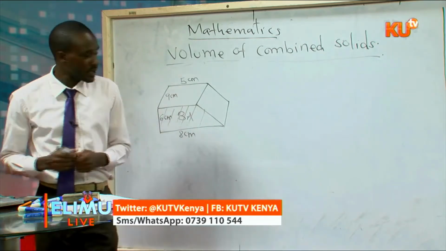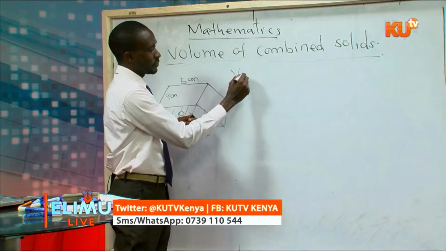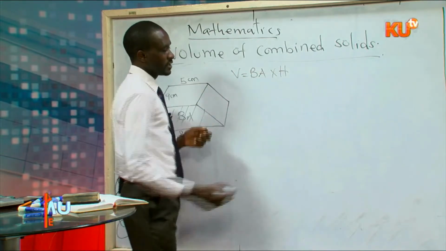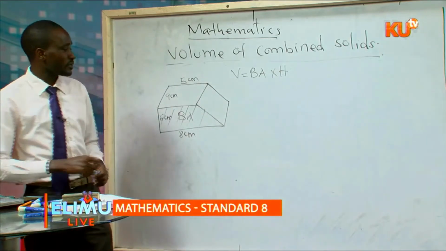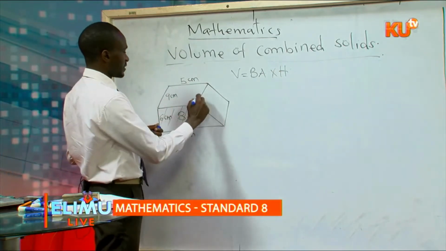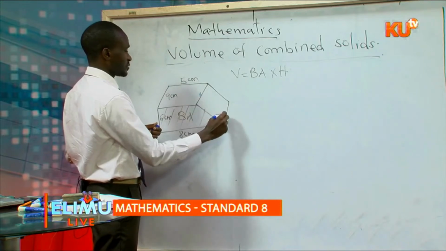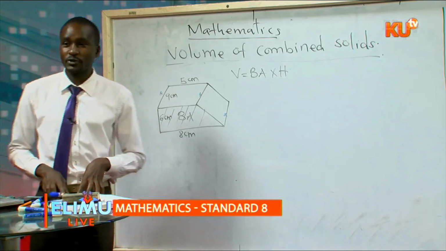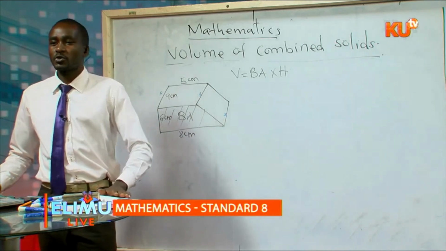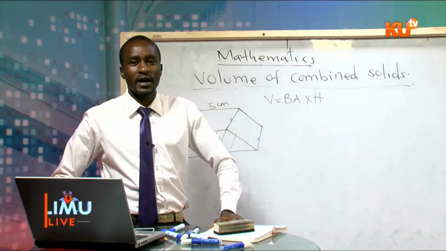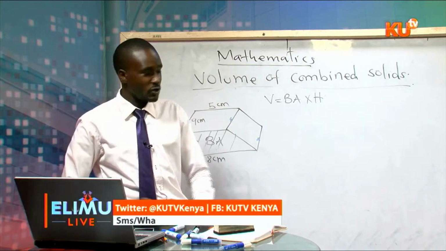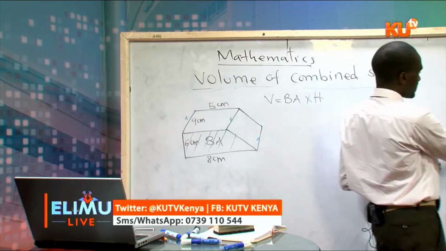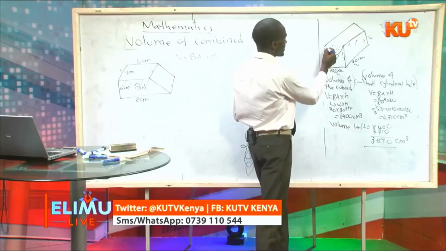Then now when talking about volume, which is base area times height, now this time we are going to take the height to be this one and this one. Most learners get confused when it comes to identifying the height when finding volume. When you check this figure here, sometimes you may be asked which one is the base area.